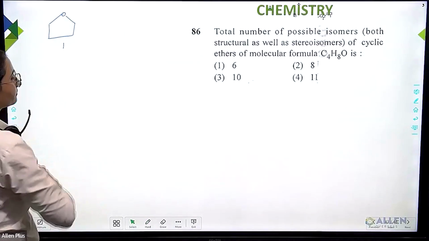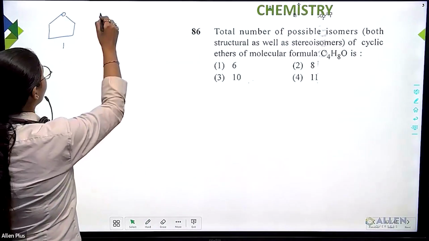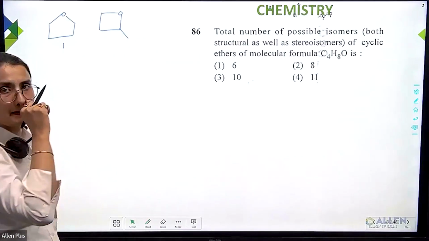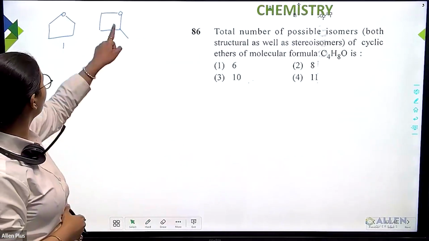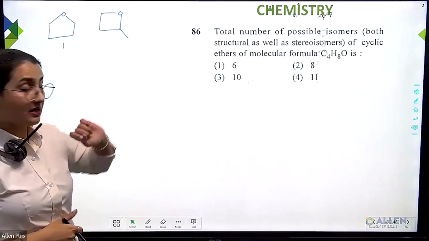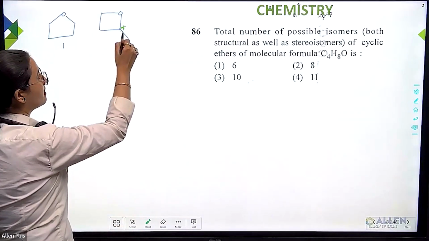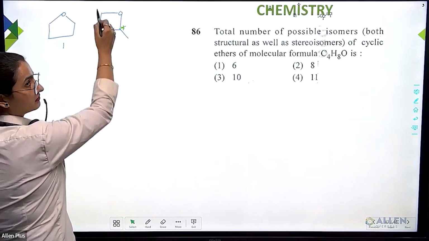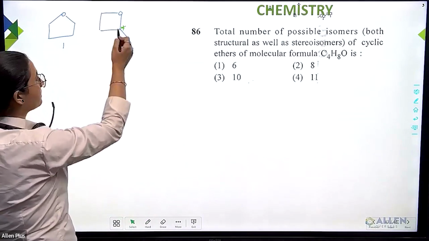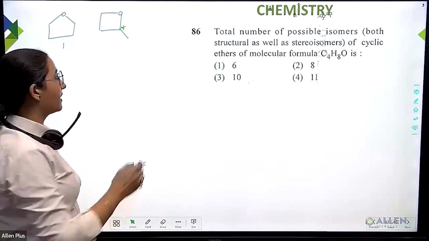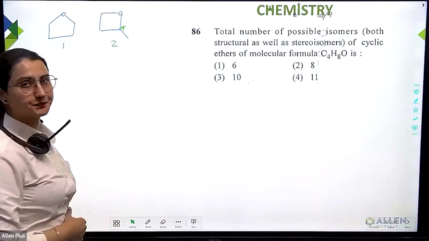First one. Next is if I make a 4-membered ring and put a methyl group here. Yes, it's matching the formula. But the thing is, students, this center is chiral. See, this side O, this side chain of CC, this side methyl group, 1 H. If it's chiral, there will be 2 isomers, right?